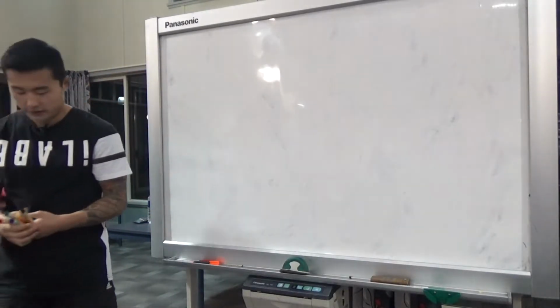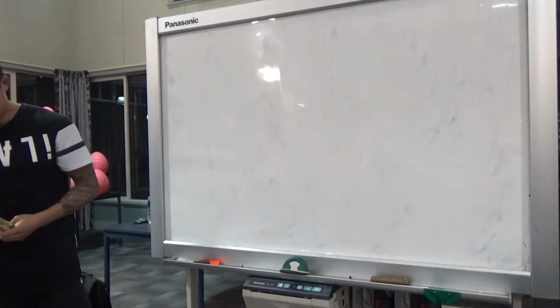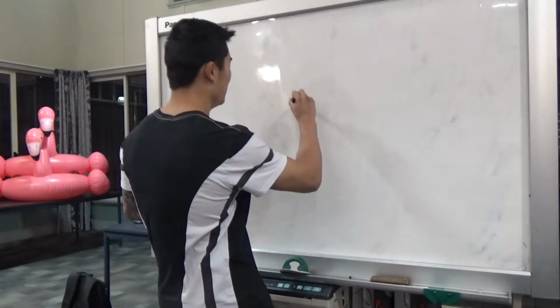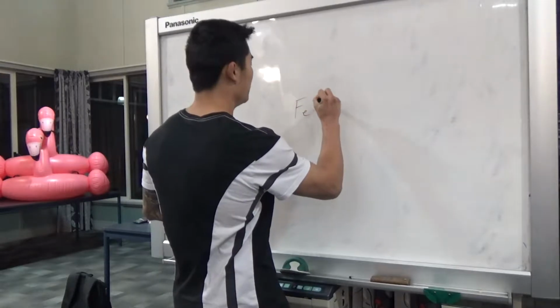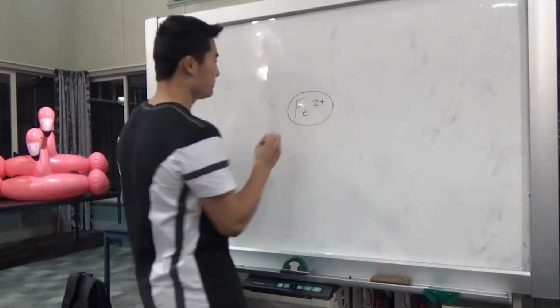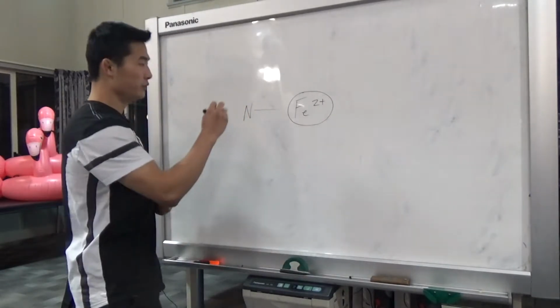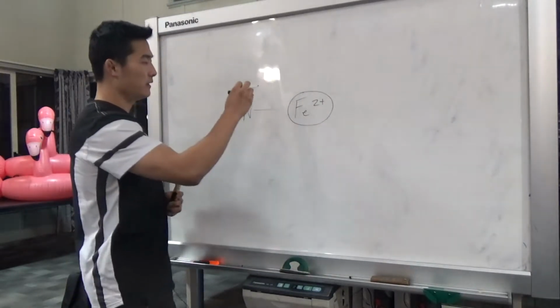So I'll just quickly draw that heme group. Okay, so in the middle of the heme group, you've got the Fe2+ ion, right? And it's bonded to the heme group.